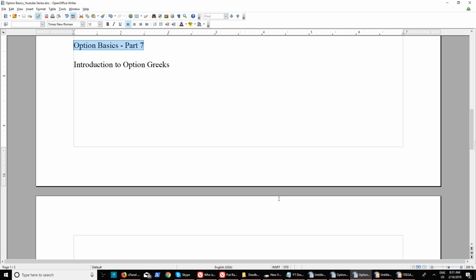These terms might seem difficult to understand at first, but once you understand their role in option trading, the work will be much easier. So it's very important for you to understand option Greeks.